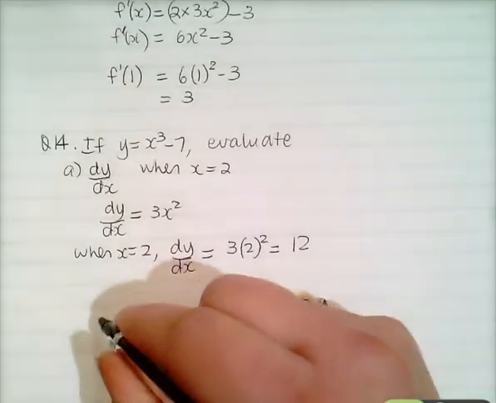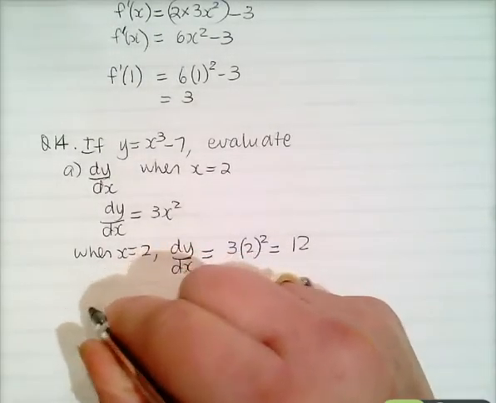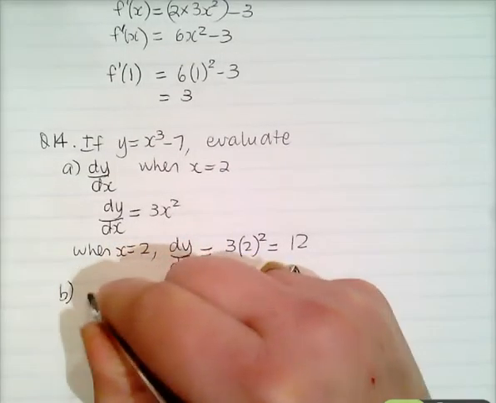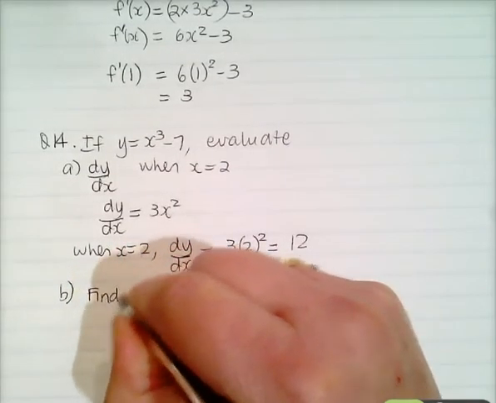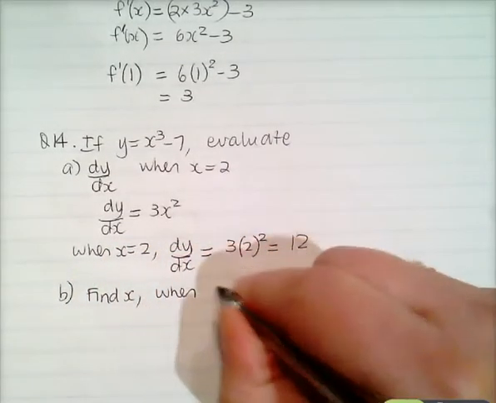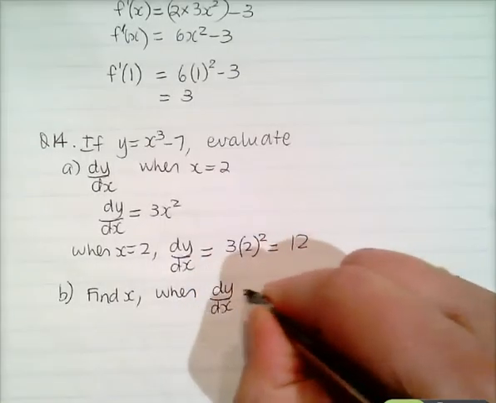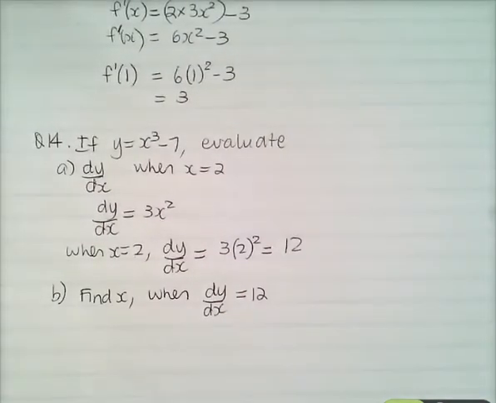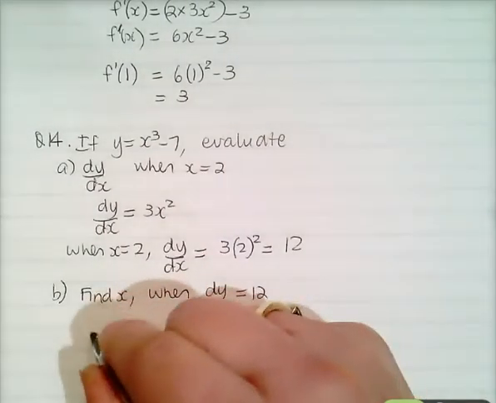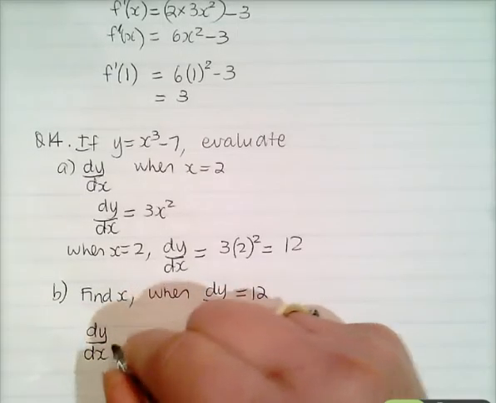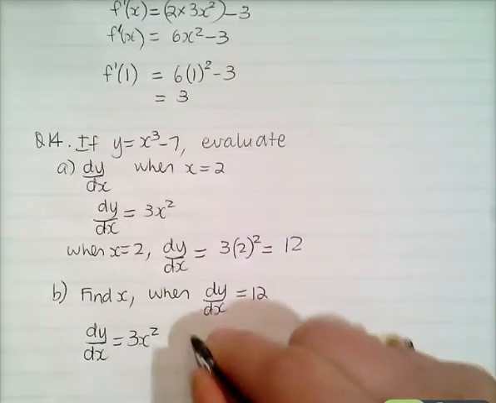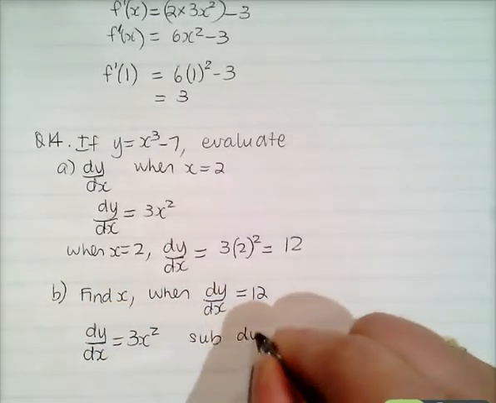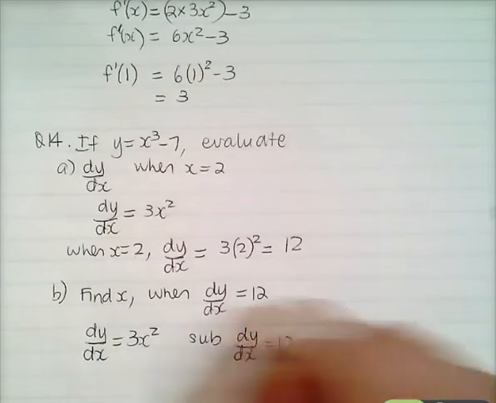Now, in the second part of the question, we're asked to find x when dy/dx is equal to 12. So, we already know what dy/dx is, and it's equal to 3x squared. And then we're going to substitute dy/dx is 12 into this.